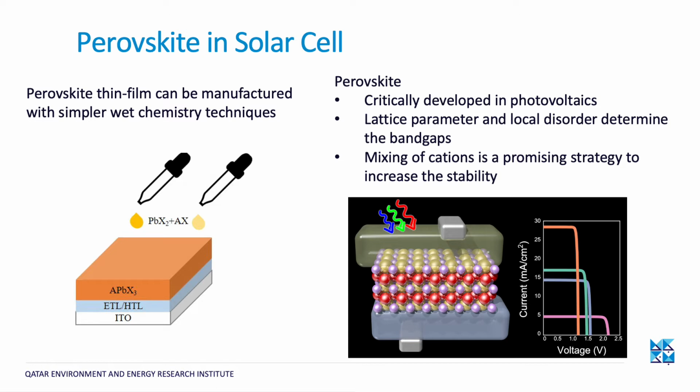It has the flexibility to mix different cations to bring stability to a structure and to tune its band gap. Also, it can be processed by solution processing methods like drop casting, spin coating, and inkjet printing, compared to other conventional vacuum-based deposition techniques.